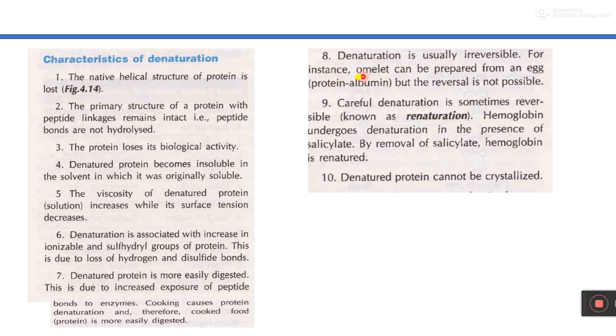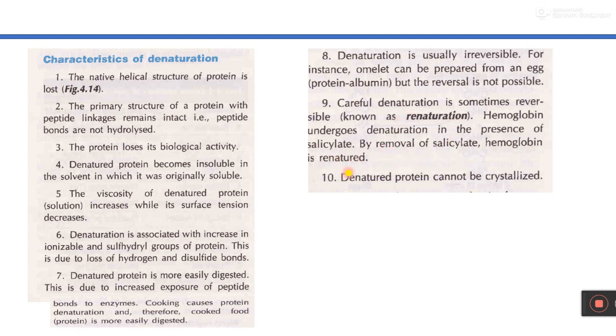For instance, an omelette can be prepared from an egg, but the reversal is not possible. But there is one exception to this statement: careful denaturation is sometimes reversible, known as renaturation. Hemoglobin undergoes denaturation in the presence of salicylate, but by removal of salicylate, hemoglobin is renatured.